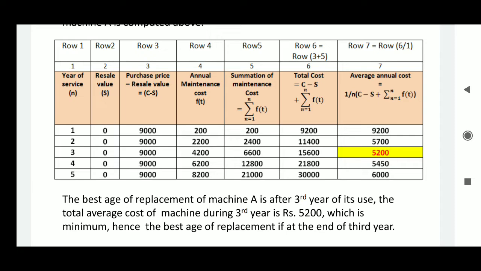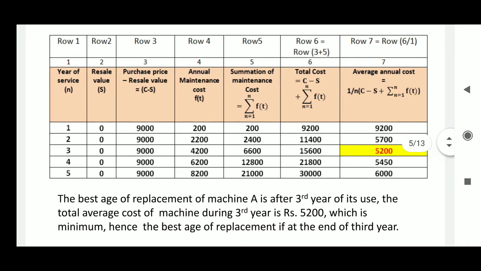So for the first year it is 200, then for the second year it is 2200, and then again increases by 2000, then it will become 4200, then 6200, and then 8200. And in column 5 we made the cumulative sum, that is 200 plus 2200, that is 2400.